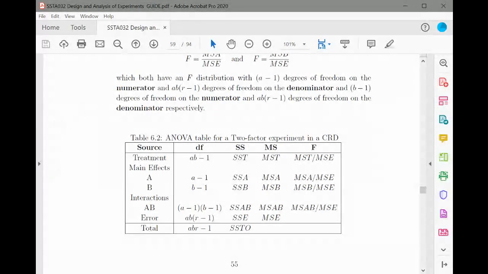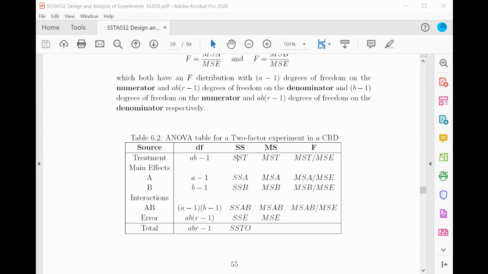I'm giving an example where we have only 2 factors, right? I said I will explain a case where we have 2 factors, but that doesn't mean that we will only have 2 factors. We can have 3 factors. We can have 4 factors.